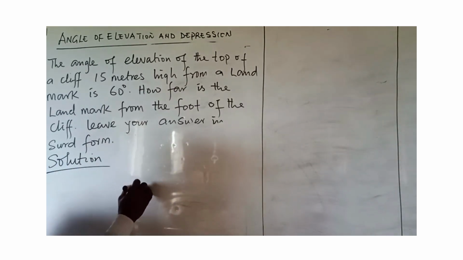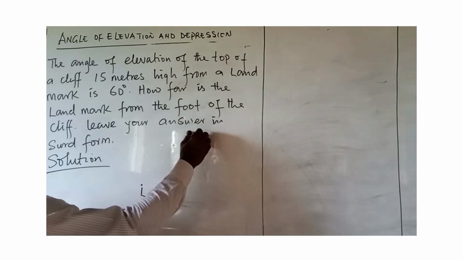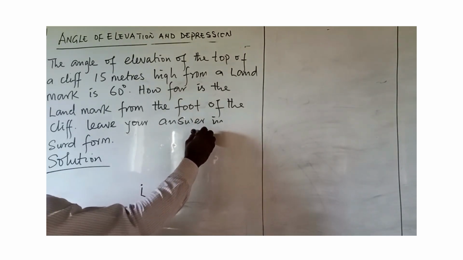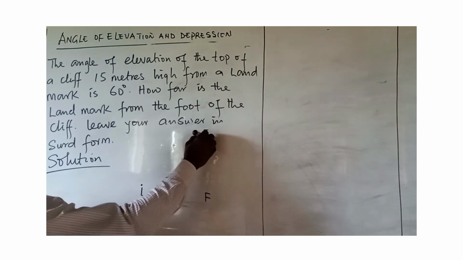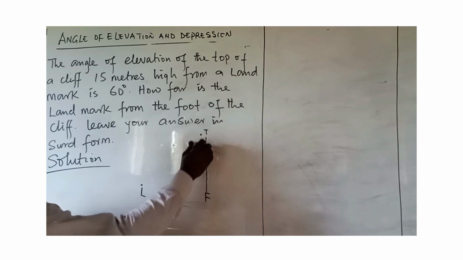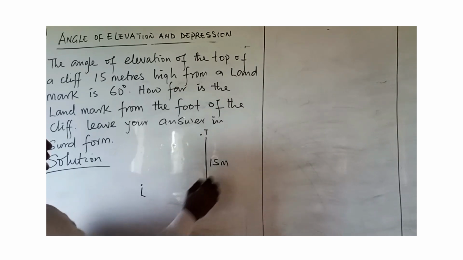So if this is the landmark, and this is the top of the cliff, and this is the foot of the cliff, that means the height of the cliff was given, which is 15 meters.